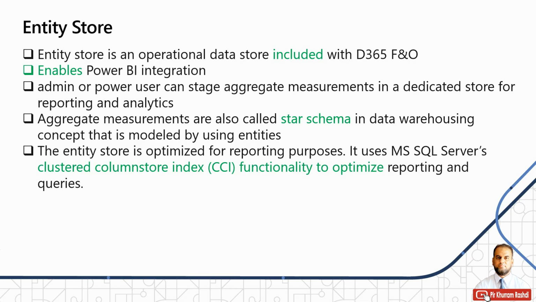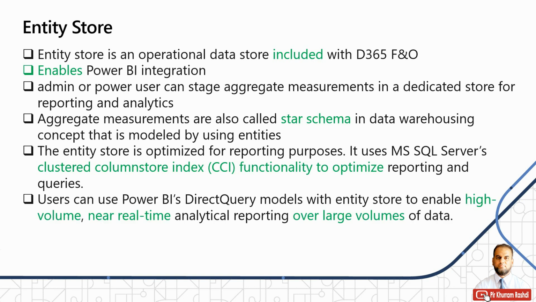So if you use the indexing the traditional way, that is row based index, versus the column store index, which will basically increase performance by 10%, it will be much faster than the normal index. Okay, then users can also use Power BI direct query models with the entity store to enable high volume near real time. It is not real time, but it is near real time analytical reporting over large volumes of data.